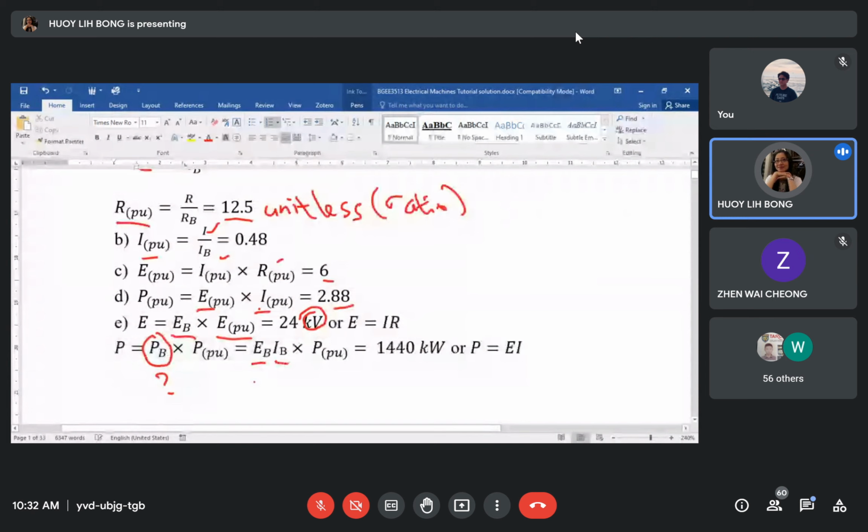Then multiply by the per unit, and you can find the actual value. Or we already found the actual value of current here, you can use this also. You will get back the same answer, rather than going through this.